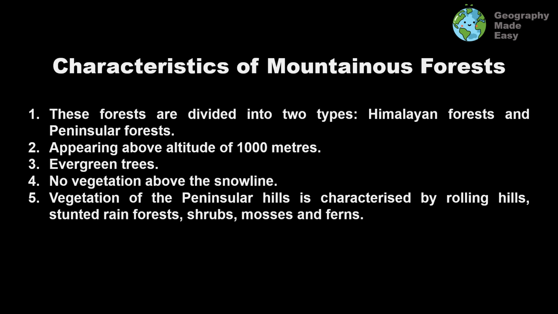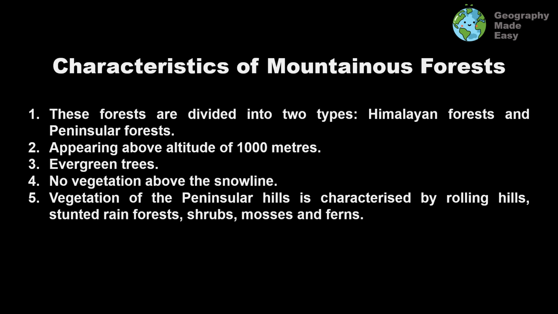Then we have vegetation between 2000 to 3000 meter, which are the temperate forests with evergreen trees growing there like oak, laurel, chestnut.